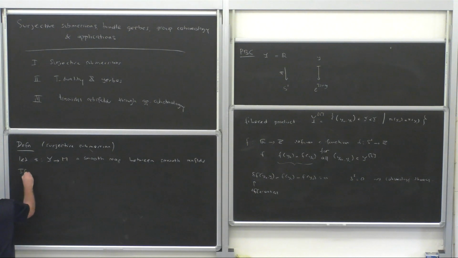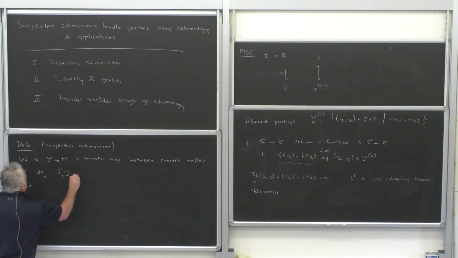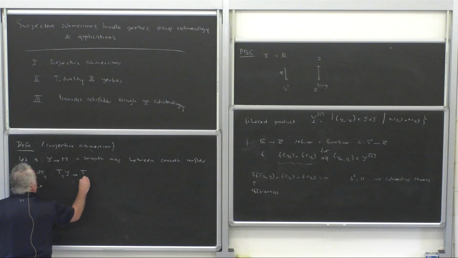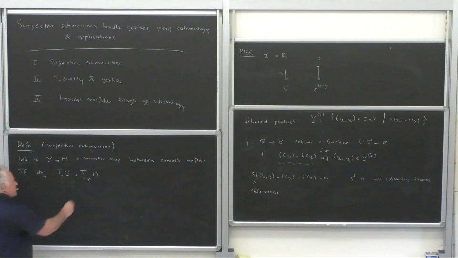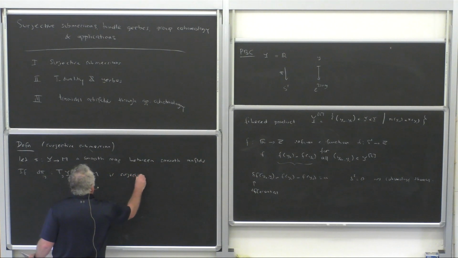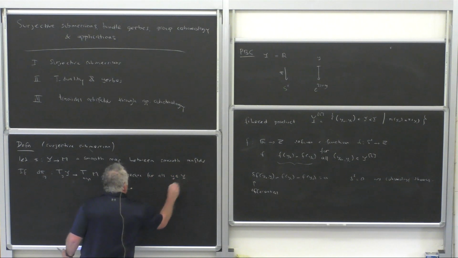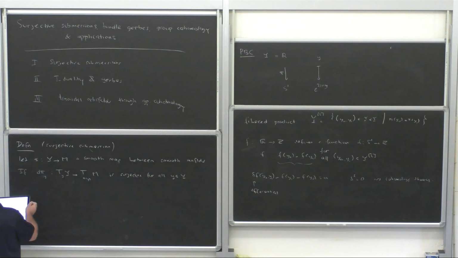If the differential at a point y in Y maps the tangent space at y to the tangent space at pi(y), and this map is surjective for all y in Y, then pi is called a submersion.